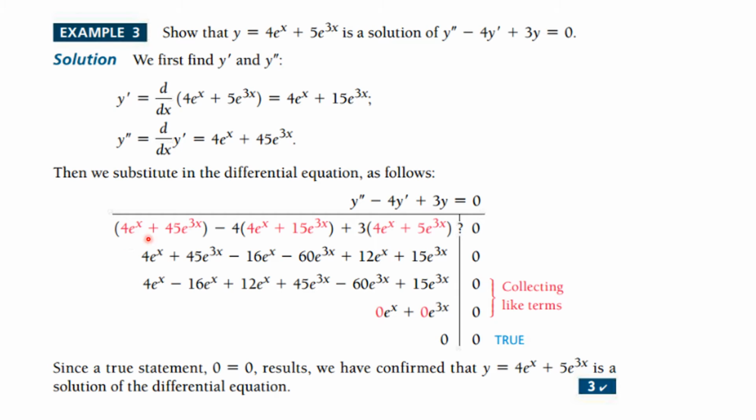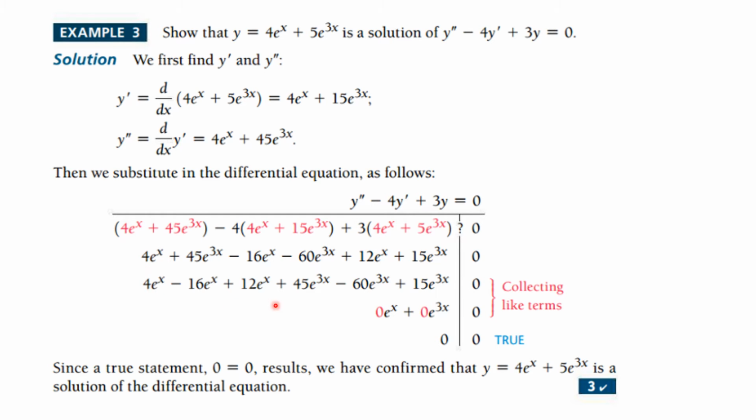So here we're substituting y double prime minus 4 times y prime plus 3 times what y was, and we try to see, is this equal to 0? Now we start simplifying this side, and so we collect like terms.